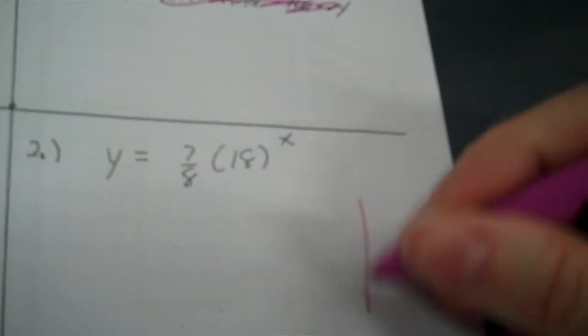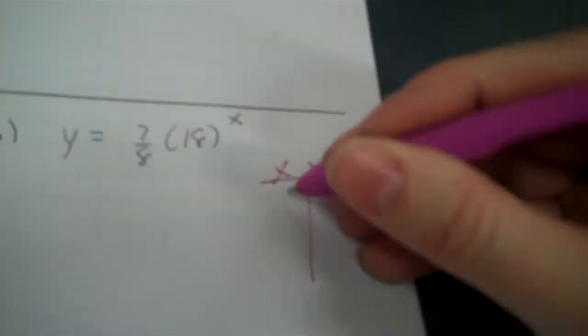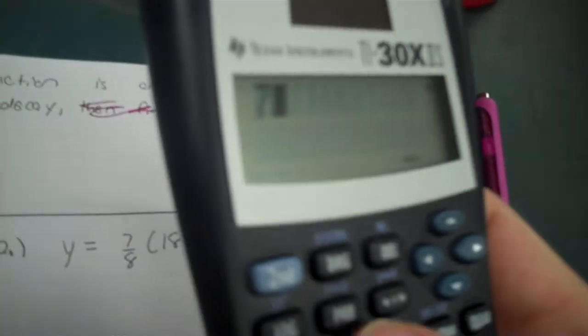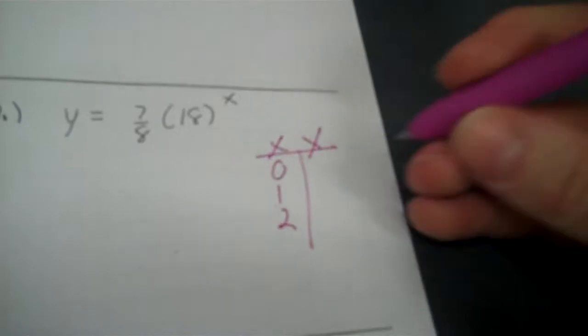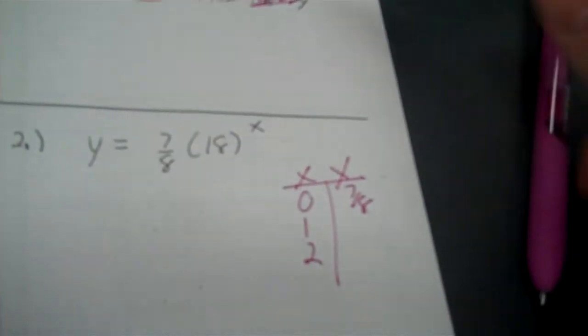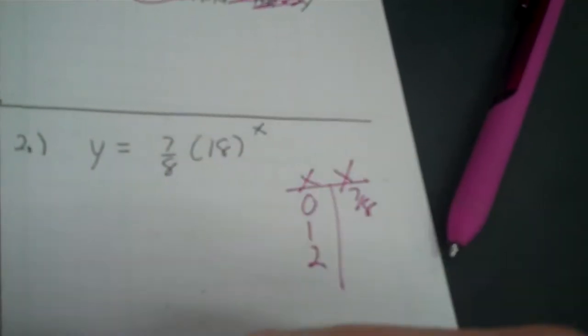Okay, my next problem, x, y. So I go 7/8 times parentheses 18 raised to the power of 0. 7/8. Because again, even though that's 18 to the power of 0 is still 1. And then 7/8 times 1 is 7/8.